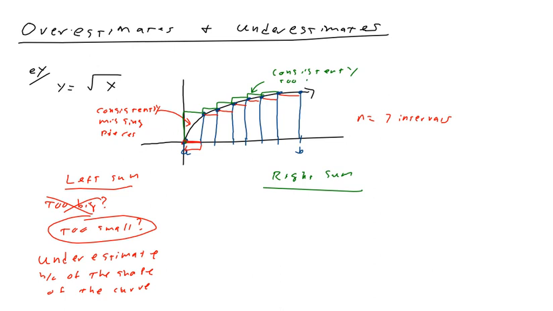I should label these. You may not have colors. Right and left. So the right sum is too big. So it's an overestimate.